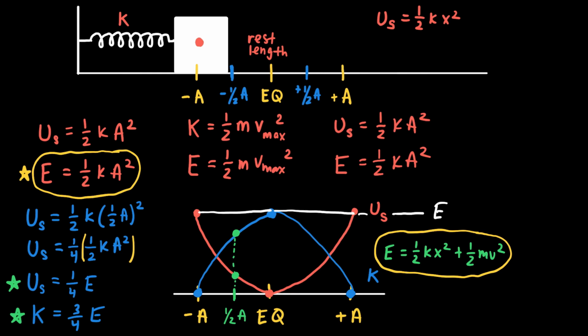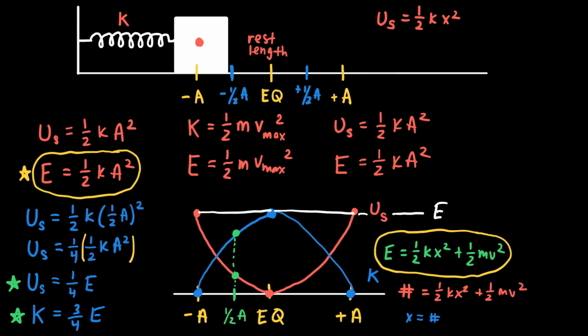And so if I knew that number, you could imagine using the equation that I've written here and setting that number, which represents the total energy, equal to 1/2 kx squared plus 1/2 mv squared. And for example, in a problem being given some arbitrary position, right? So when the system is 1 centimeter away from equilibrium, or when the system is 1/7 of its amplitude away from the equilibrium.